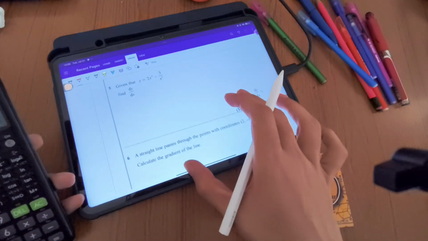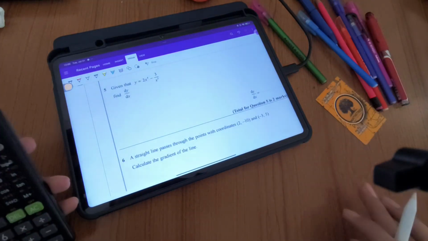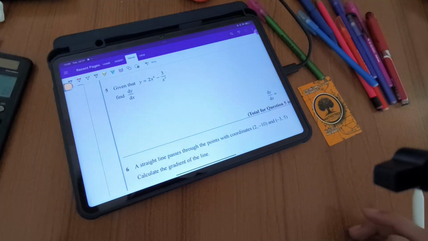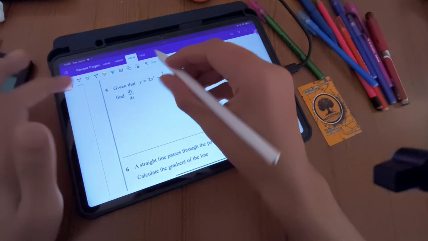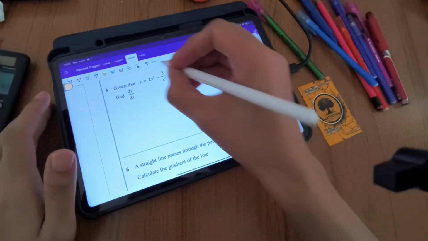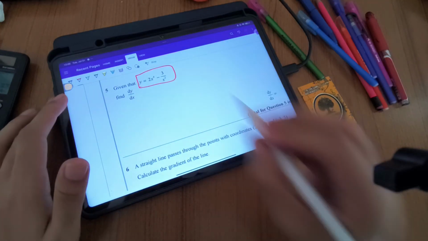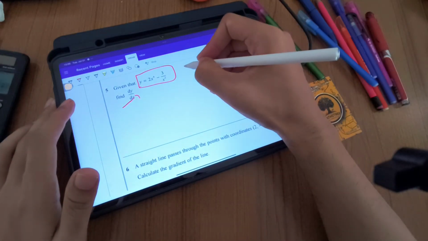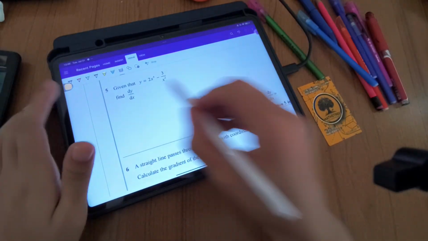Now the last maths of today that we will be solving is going to be number 5, and even without seeing what the question is telling me, I can understand this question is from the calculus chapter. If this is the question that has been provided and it is asking us to find the gradient, which is dy by dx, then without further ado, let's go and solve this one.